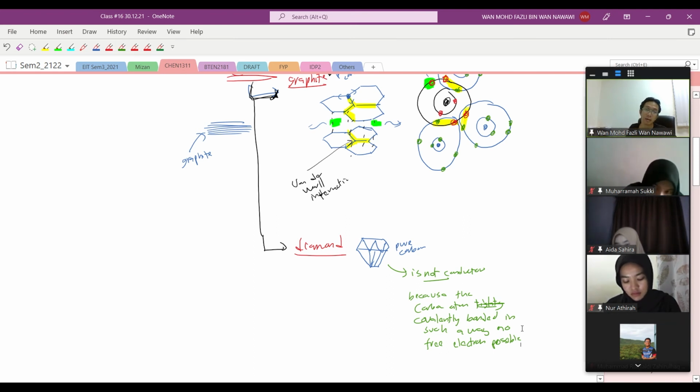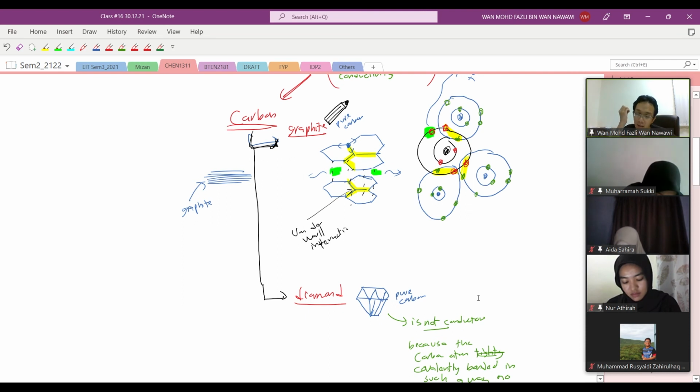You can see the effect of structure in material. Both are carbon, but one can conduct electricity and one cannot, even though they are the same pure carbon.